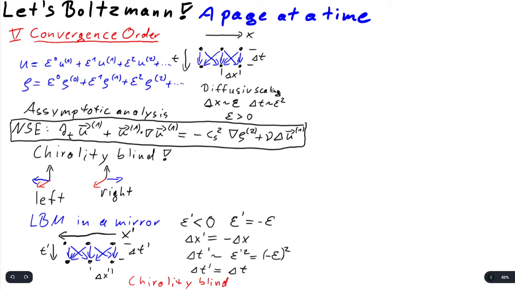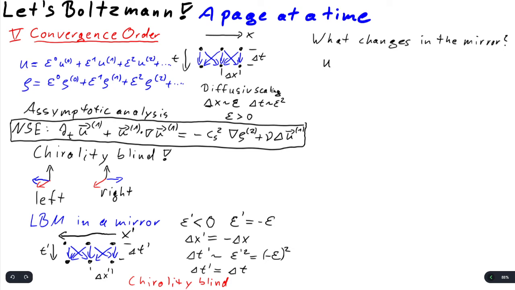And this we use for now seeing what this does to our convergence order. Namely, we look at what changes in the mirror.